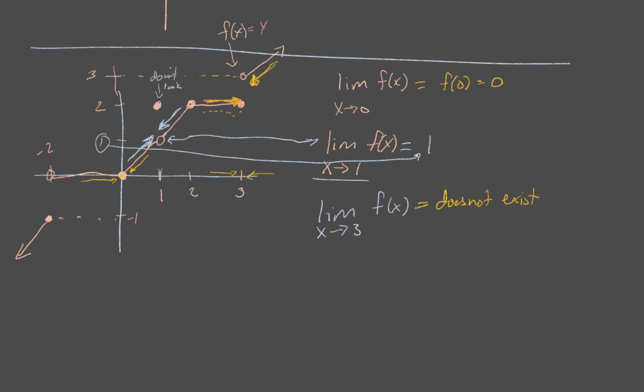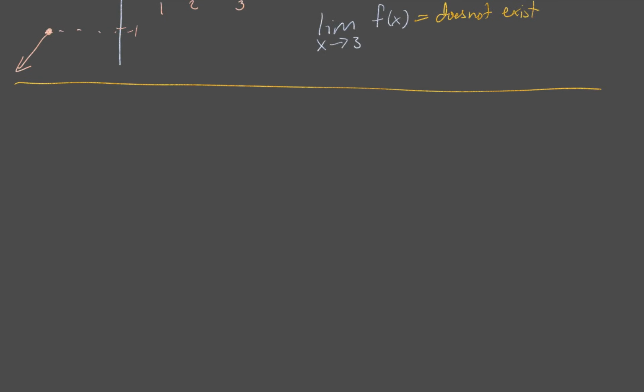Let's do one really quick numerically, and then in the next video we'll talk about how to compute these things algebraically. So let's look at f of x equals, say, x squared minus 4 over x minus 2, and we want to look at the limit as x goes to 2 of f of x.